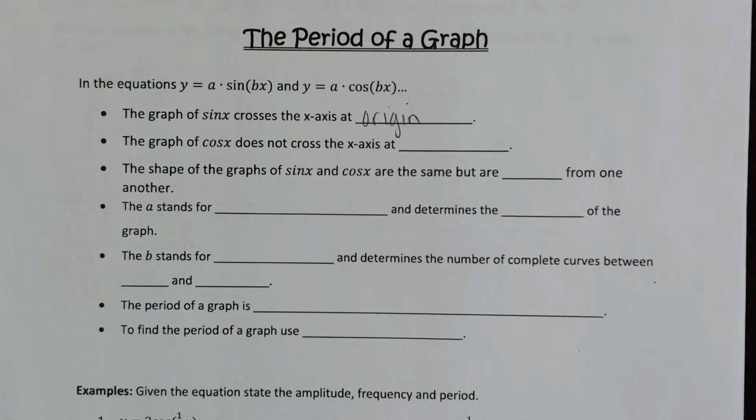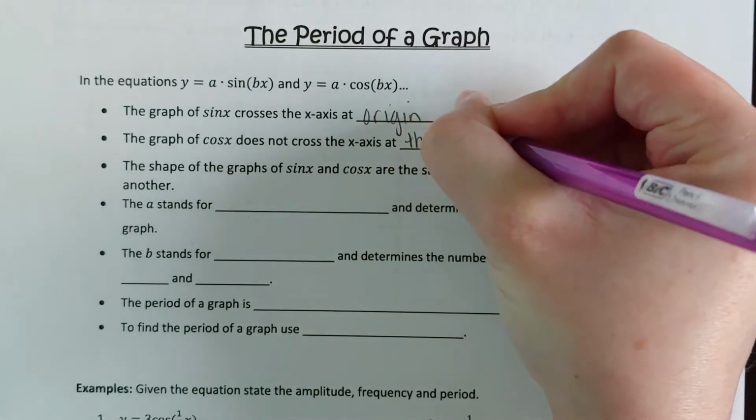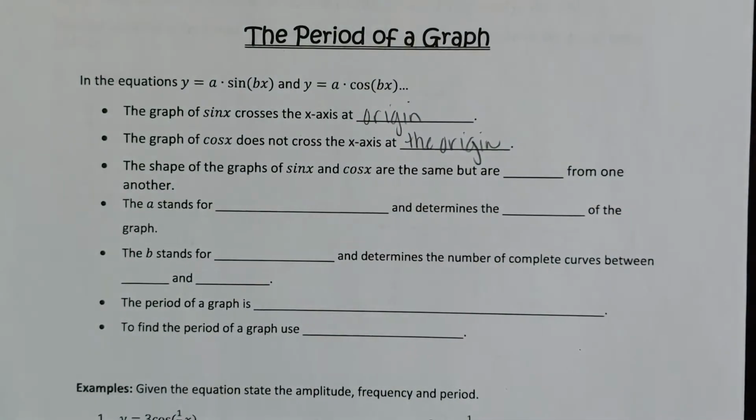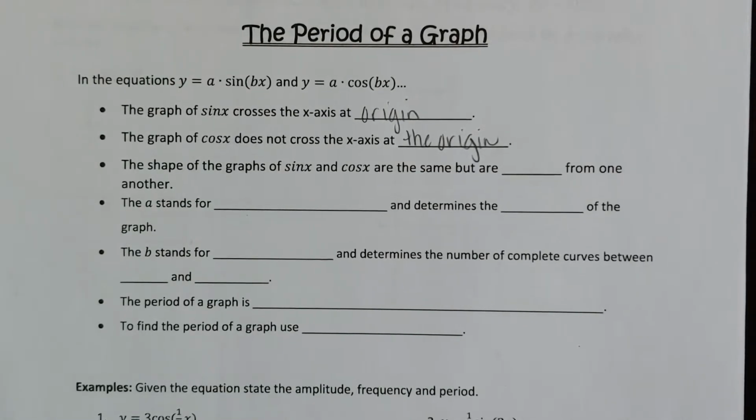That's specific to these functions that don't shift in ways that we haven't talked about yet. The graph of cosine of x does not cross at the origin. We have talked about how cosine starts at its highest point. Sine starts on the middle line.